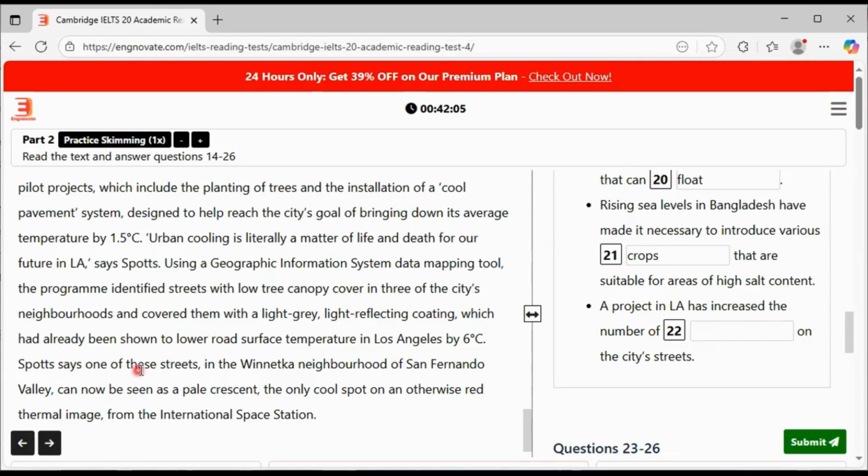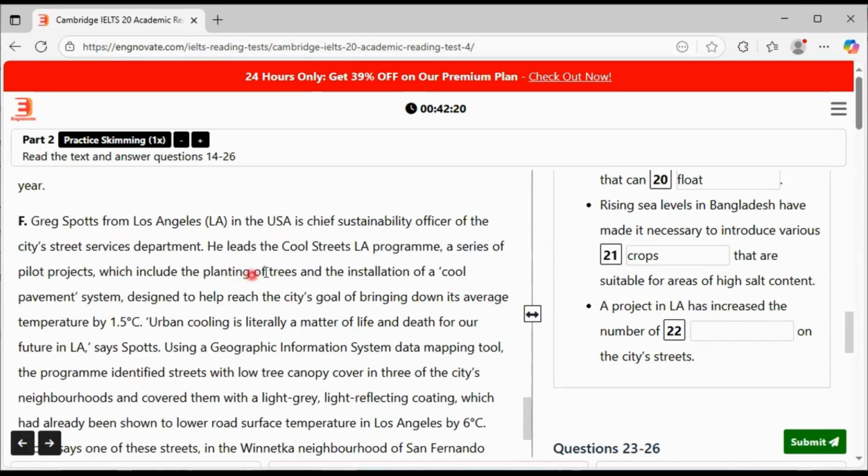Spot says one of these streets can now be seen as a pale crescent, the only cool spot on an otherwise red thermal imaging. A project earlier has increased the number of what? Is it the number of trees? Planting trees.